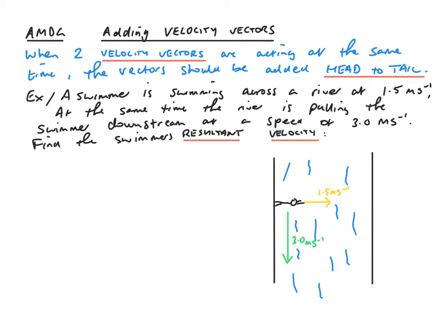So when you're drawing the vectors out, for example, if you had someone walking 3 kilometres to the east, and then they walk 4 kilometres to the south, then the two vectors that we've drawn out, one follows on from the other.